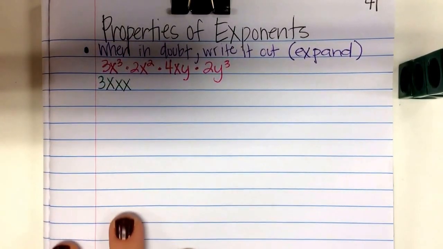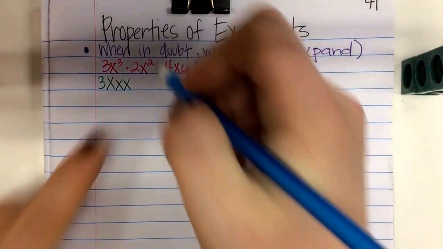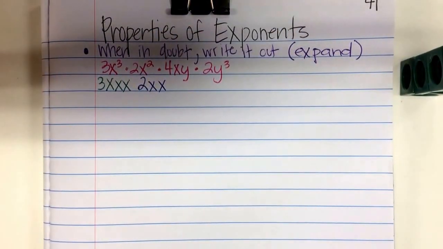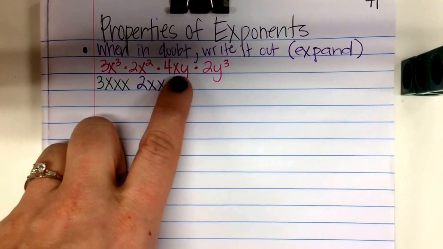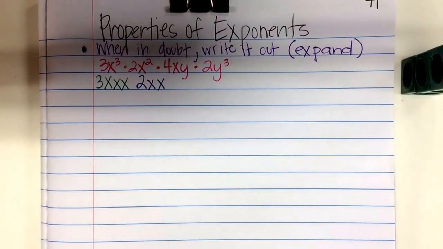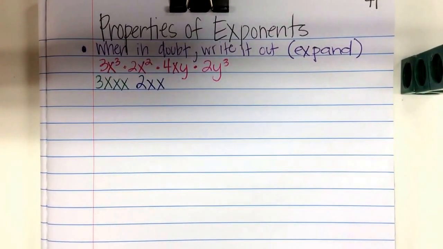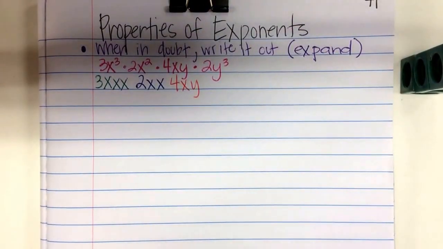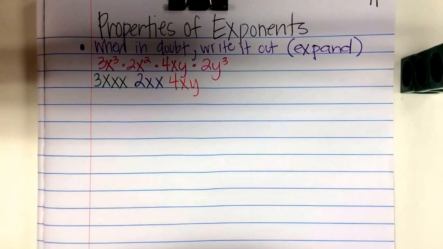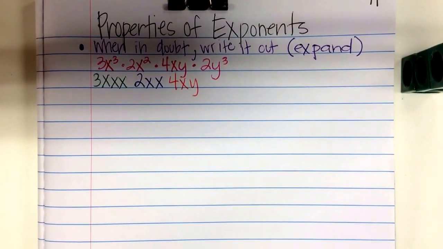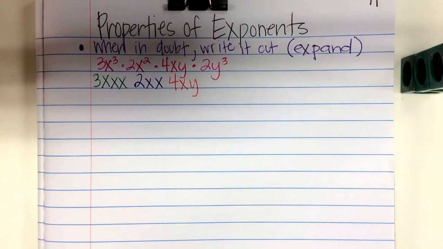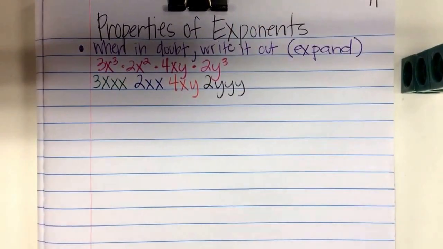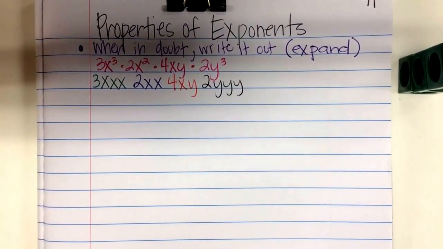What can you put, Isaac? 2xx. Good. What would you put instead of 4xy? Is there any way to expand that? No, we just write 4xy. How about 2y to the third? What could you put? Y.